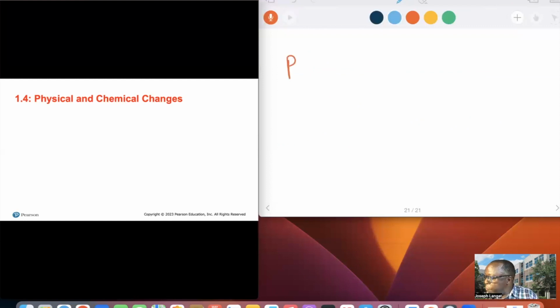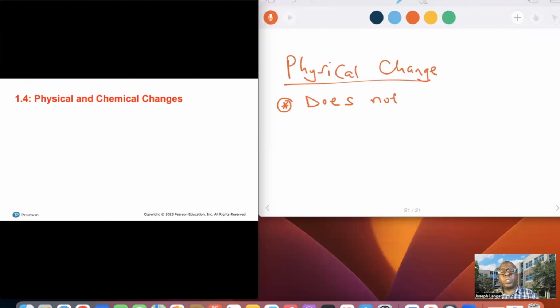Here, the physical: how do you know a change is a physical change? You need to ask yourself, one, did the chemical makeup change? If not, then the change is physical.